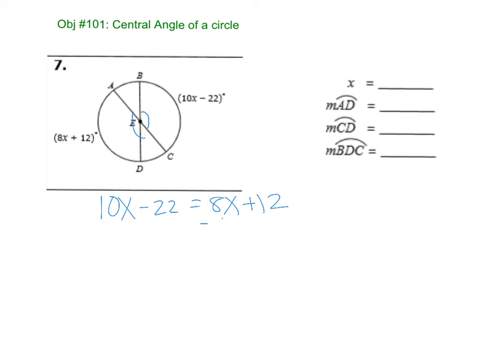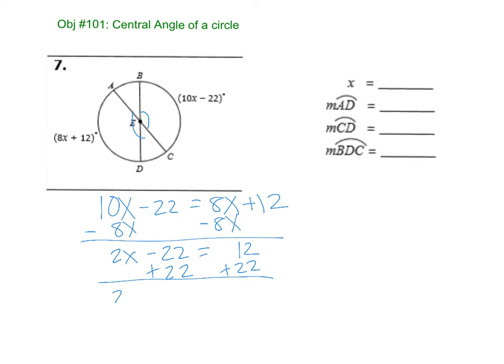To solve for x, I minus 8x on both sides. 2x minus 22 equals 12. Add 22 to both sides. Divide by 2. So we have x equals 17.